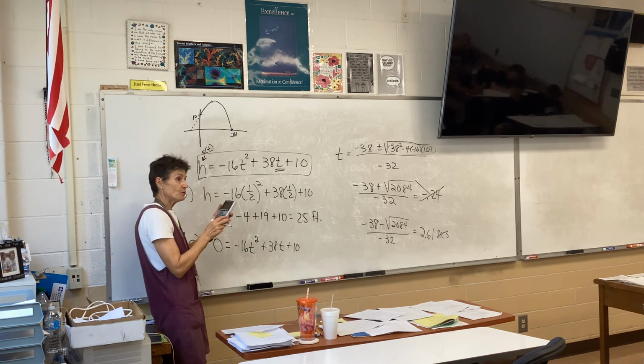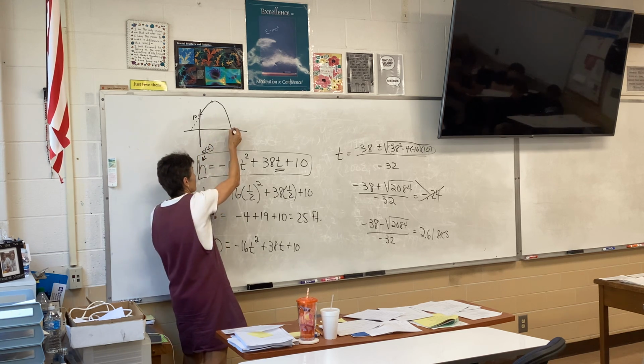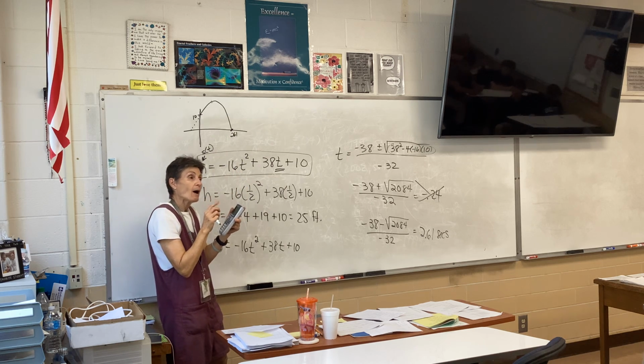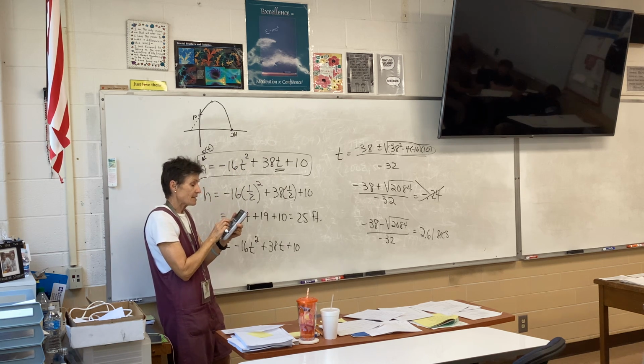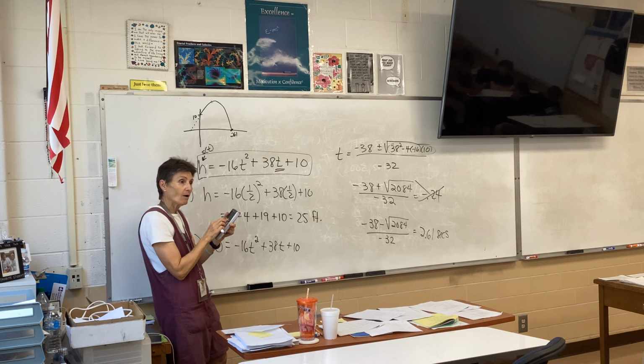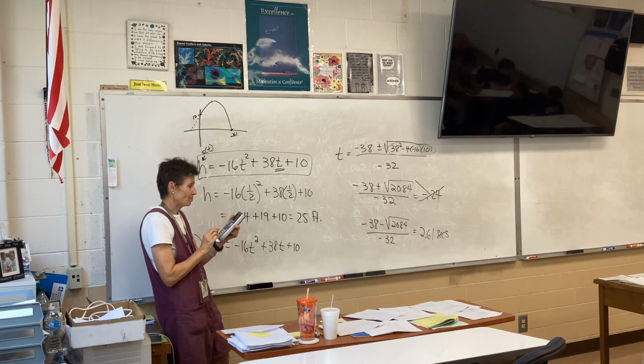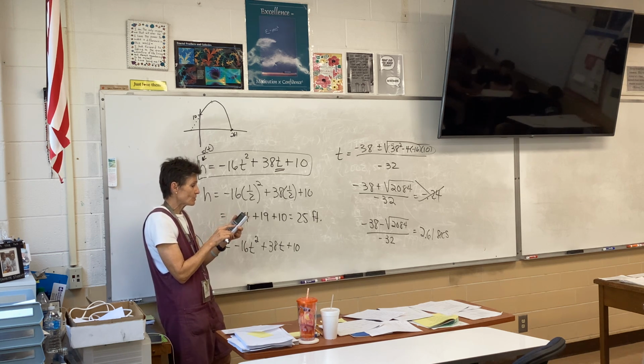So here's what I want you to do. I want you to find this point on your calculator. How do we do that? Second, calc, 0, and we need to move our cursor.